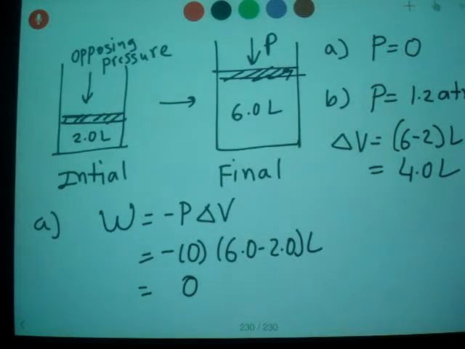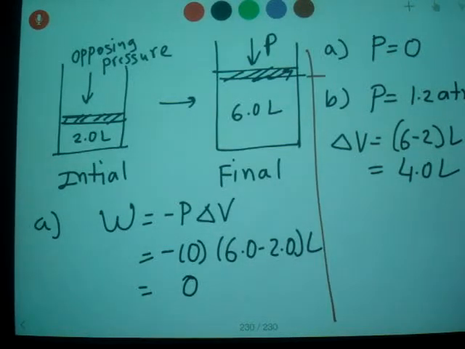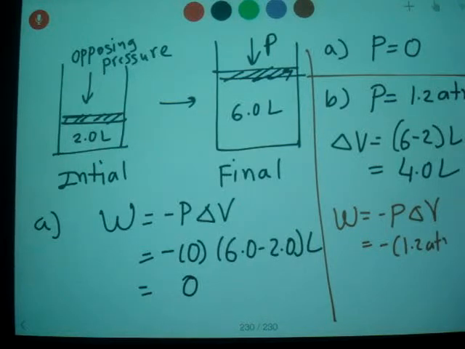But how about for condition B? We know W equals minus P delta V, which is negative 1.2 atmosphere times 4 liter. So we get negative 4.8 liter atmosphere.